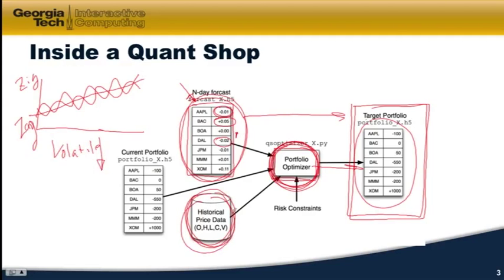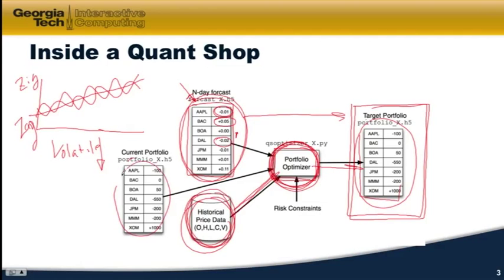And historical prices can be used by portfolio optimizers to realize that. They can observe the correlation between stock prices and other stock prices and balance your portfolio so that you can reduce that volatility.